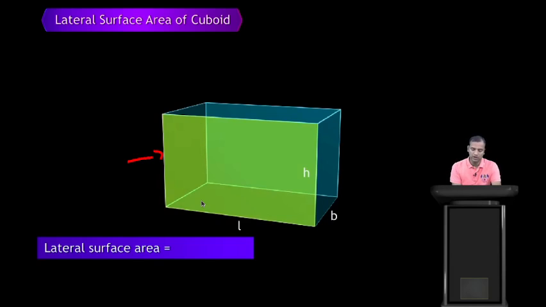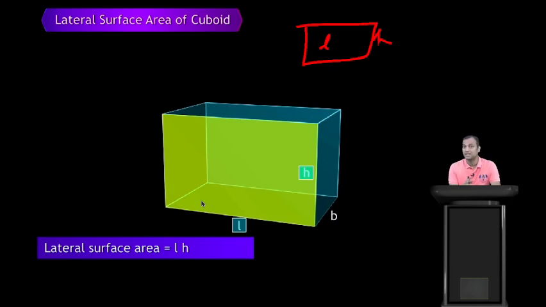If you are in a room, then you can find the area of four walls. Now the area of this portion is L into H, because it is a rectangle.